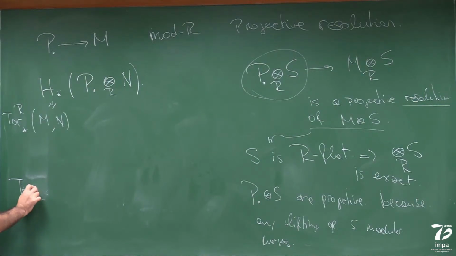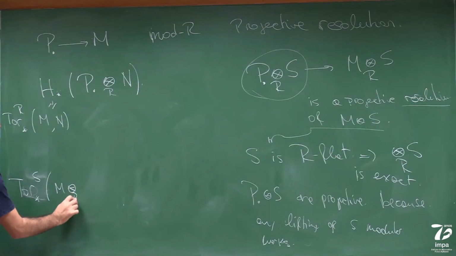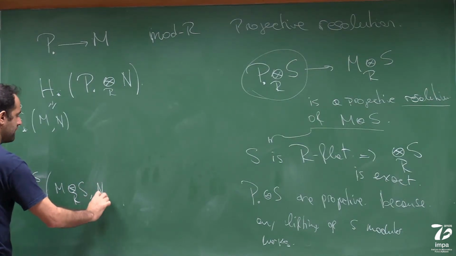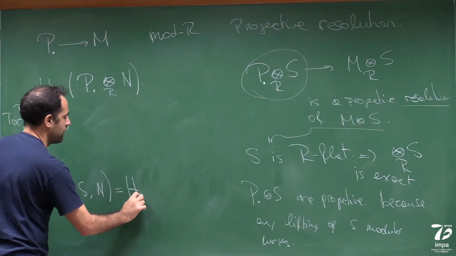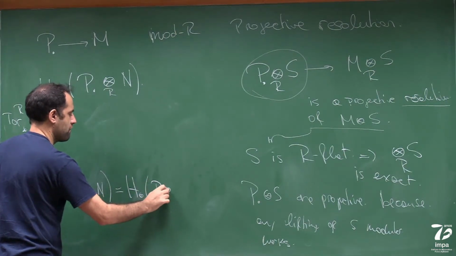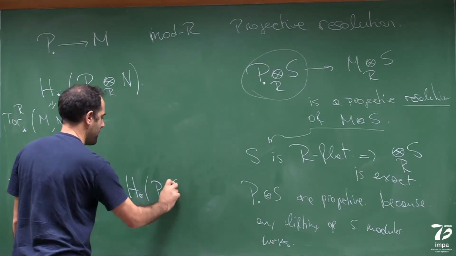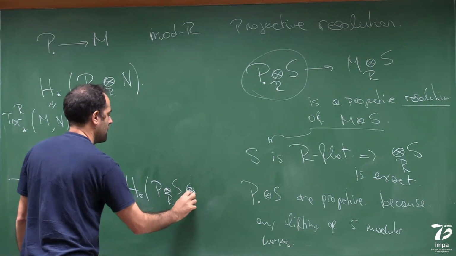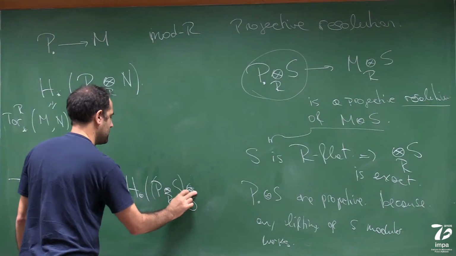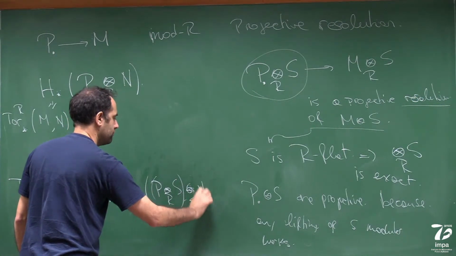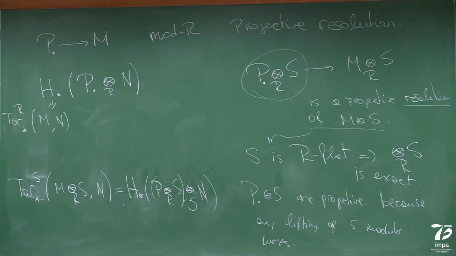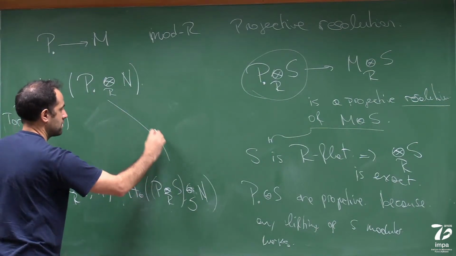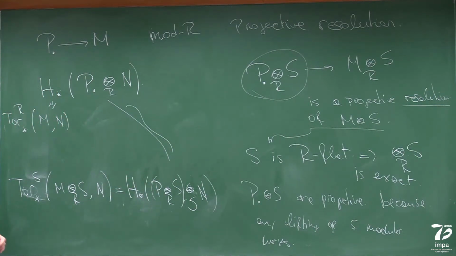The other side that I want to compute over S, M tensor over R with S, tensor N, is the homology of that projective resolution of P tensor over R with S, tensor over S now with N. And the only thing to realize is that these two things are isomorphic.